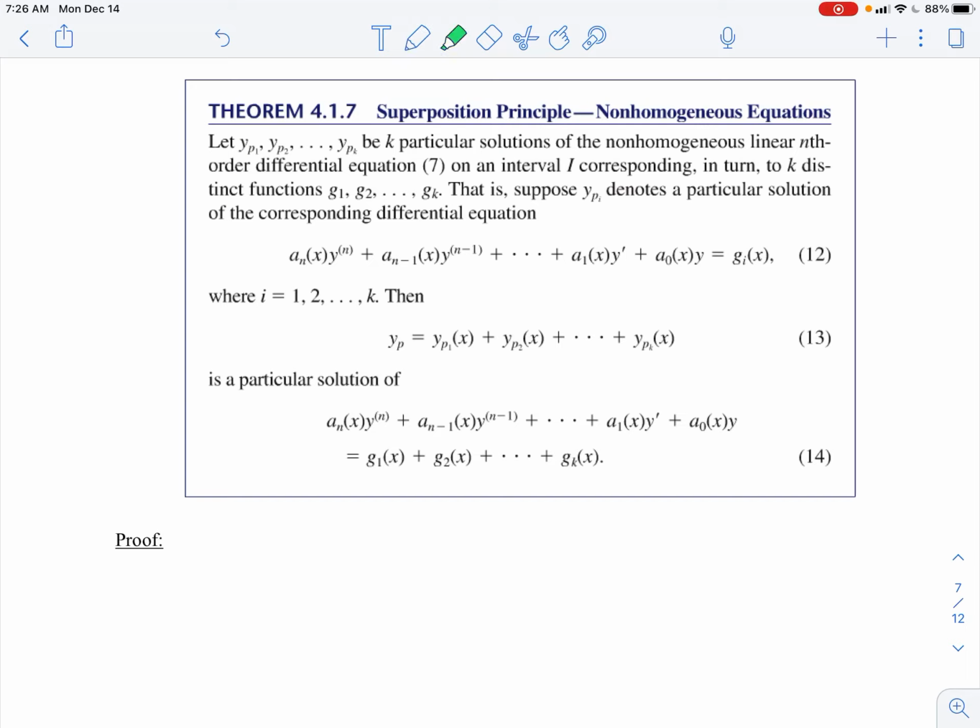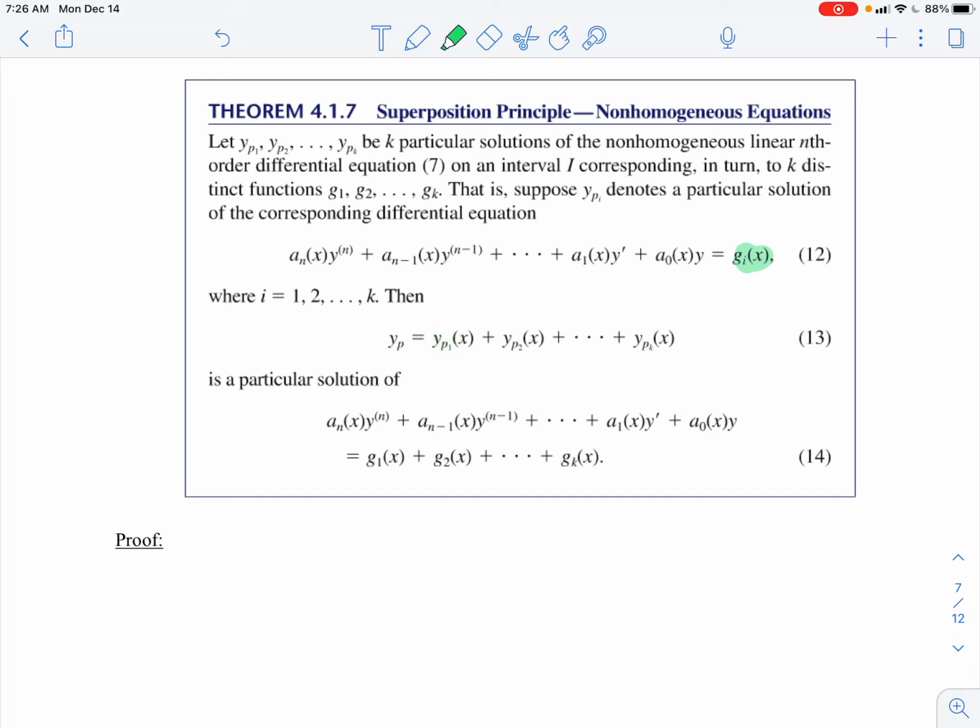So basically what this is saying is if we have a bunch of different functions, like a g1 of x and a g2 of x on the right, then we can take particular solutions of each. The particular solution for g1 of x would be y sub p1 of x, plus the one for g2 of x, and that would be a solution.